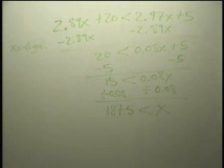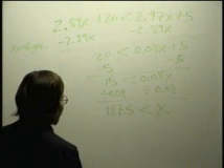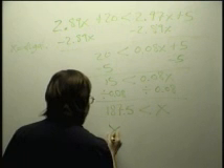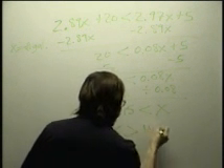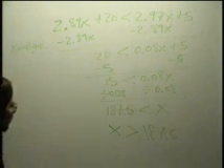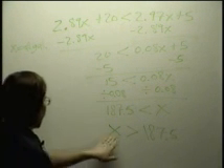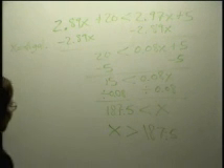Okay? Now what does that tell us? Well, sometimes it's a little confusing to have it written this way. A lot of times it's easier to understand if we reverse everything so that our variable is on the left. Now this says x is greater than 187.5.